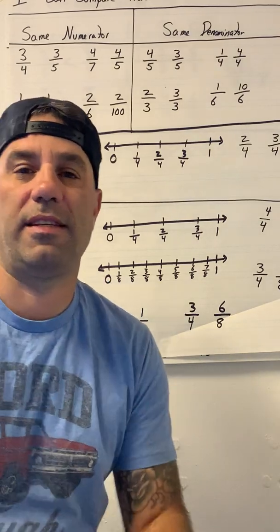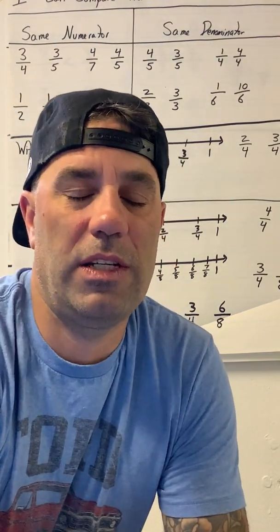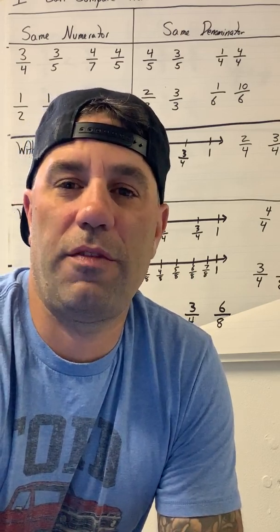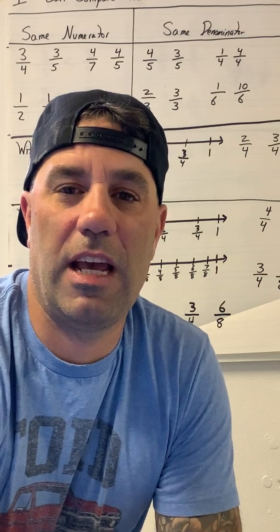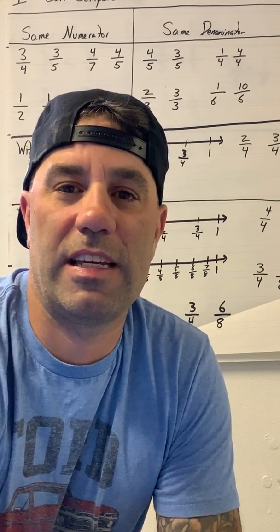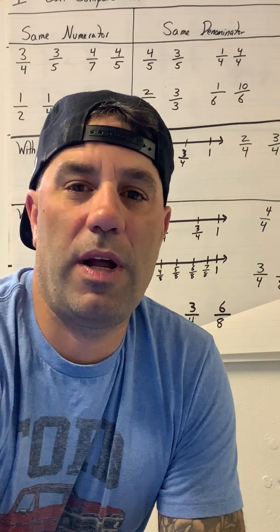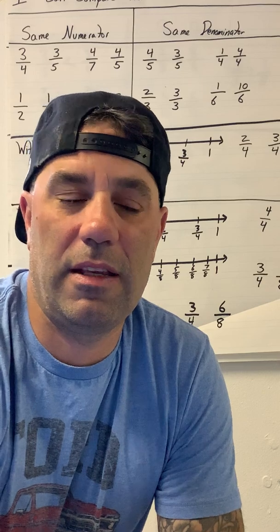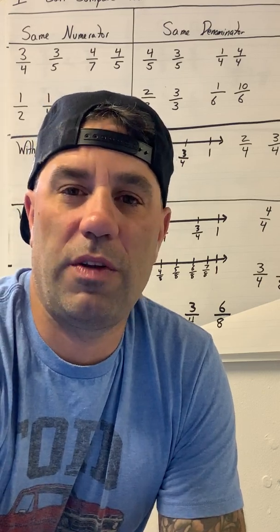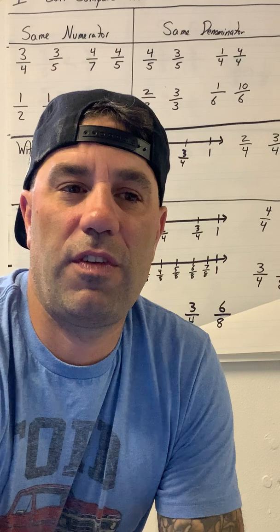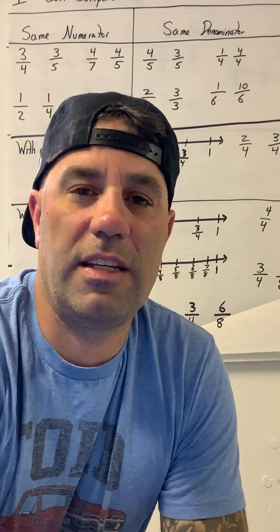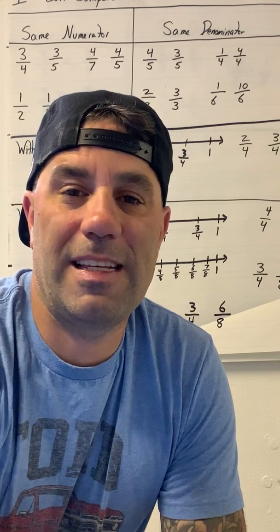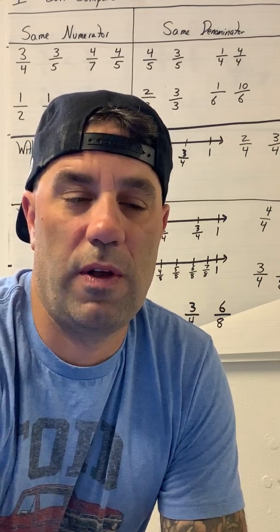Here we go. 2, 4, 6, 8, 10, 12, 14, 16, 18, 20, 22, 24. 3, 6, 9, 12, 15, 18, 21, 24, 27, and 30. 33, 36. 4, 8, 12, 16, 20, 24, 28, 32, 36, 40, 44, 48. 5, 10, 15, 20, 25, 30, 35, 40, 45, 50, 55, 60. 6, 12, 18, 24, 30, 36, 42, 48, 54, 60, 66, 72.